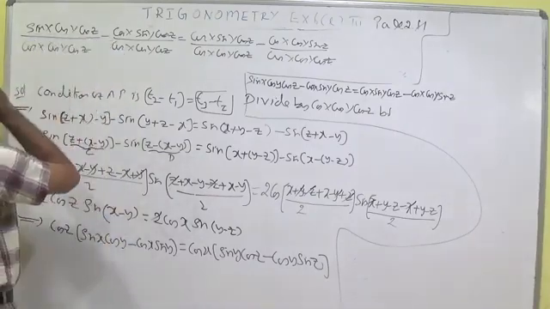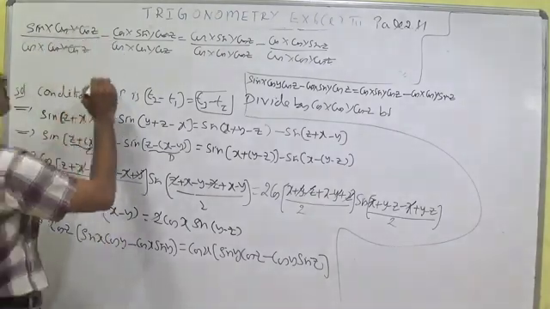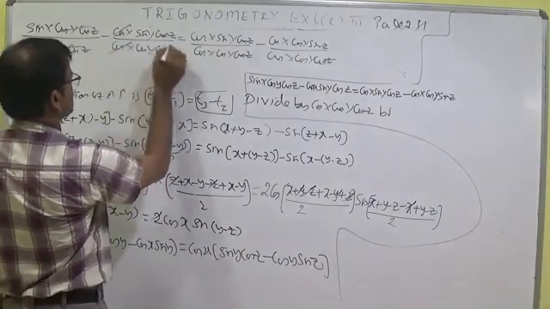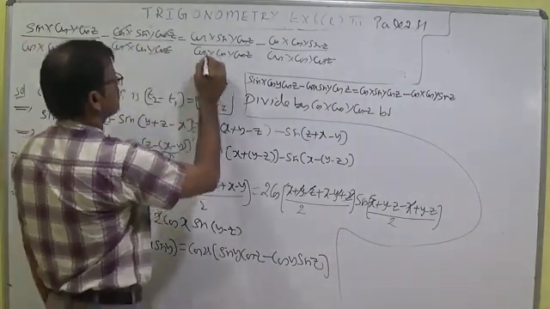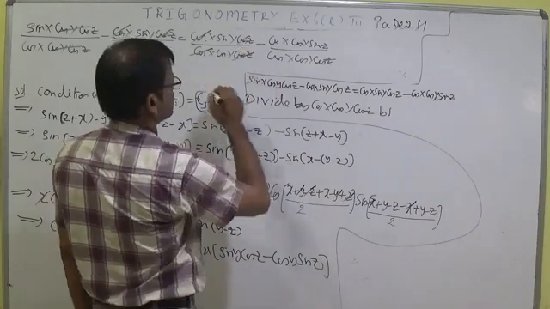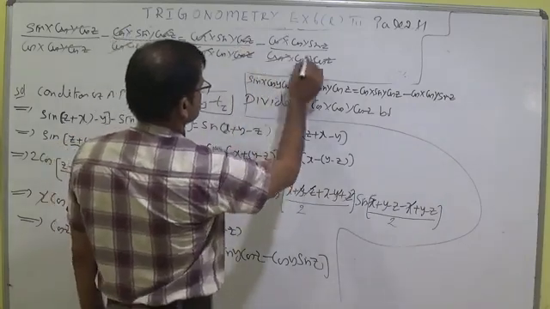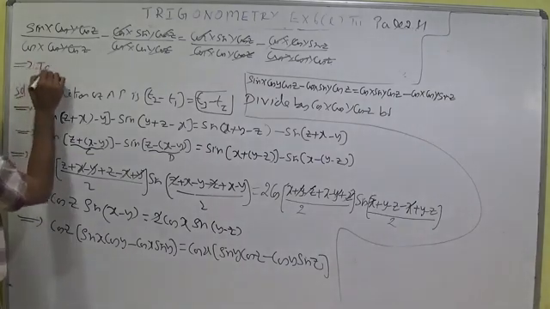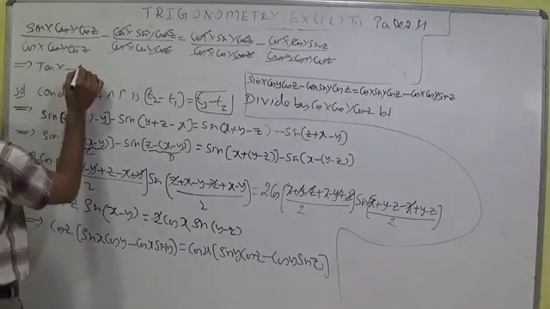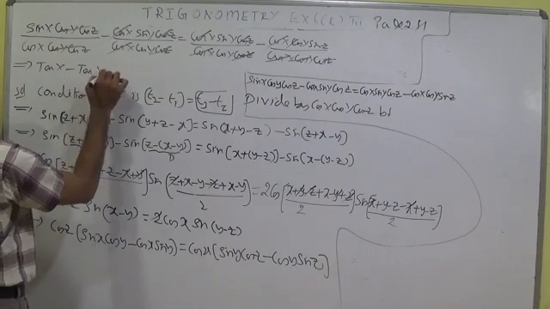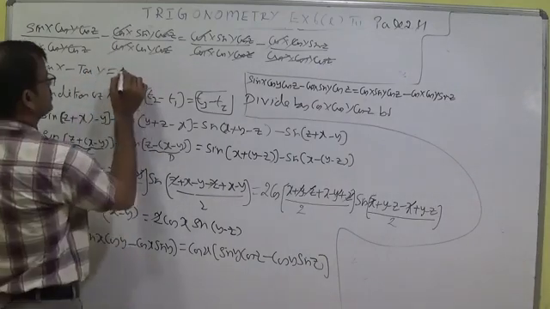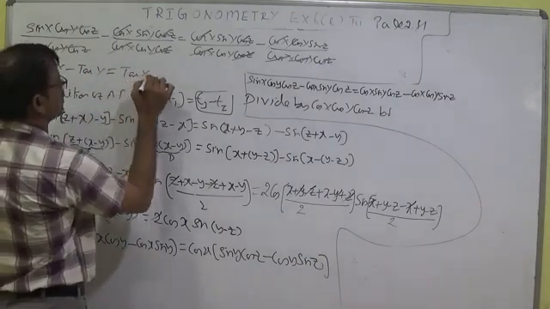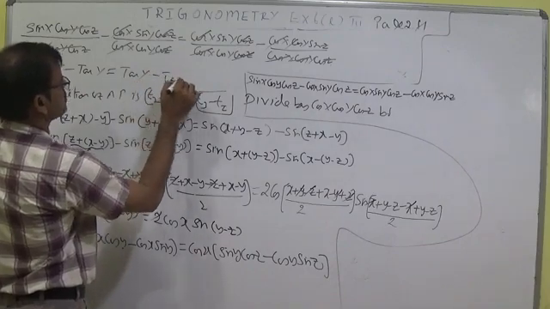Now what is happening here? Cos y cos z terms got cancelled. Cos x cos z got cancelled. Here cos x cancelled, cos z cancelled, and cos x cos y cancelled. Now sin x by cos x can be understood as tan x, minus sin y by cos y can be understood as tan y, is equal to, in the similar way here, tan y minus tan z.